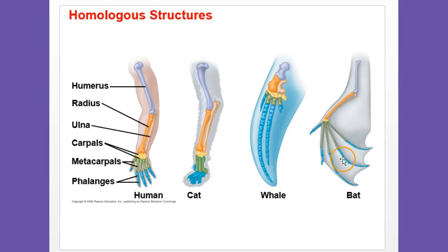So while they are structured slightly differently and used in slightly different manners, all of these different mammalian forearms still show very similar overall structure and components.